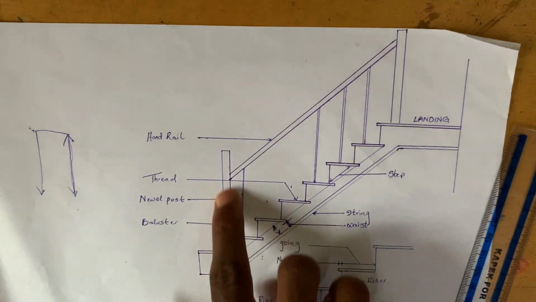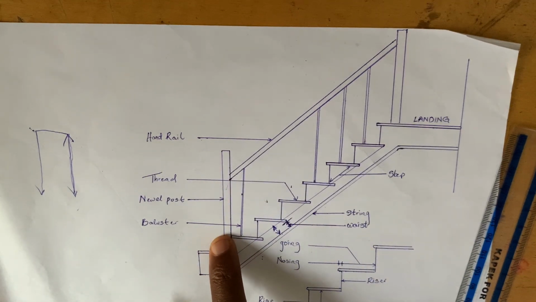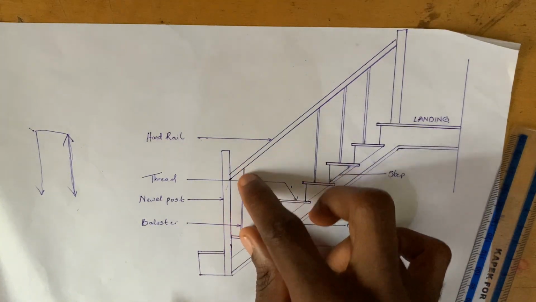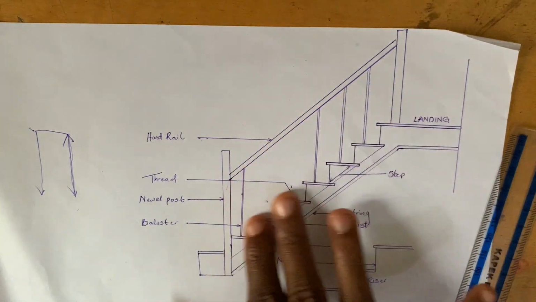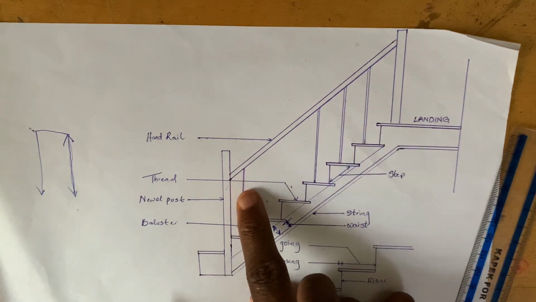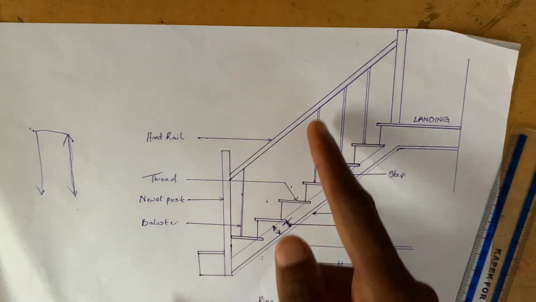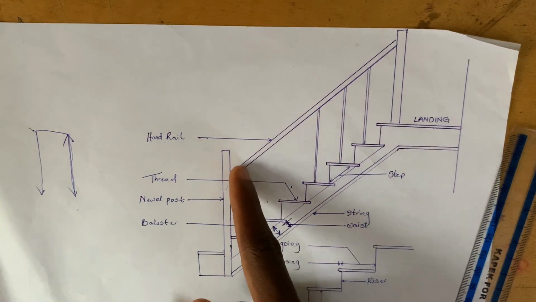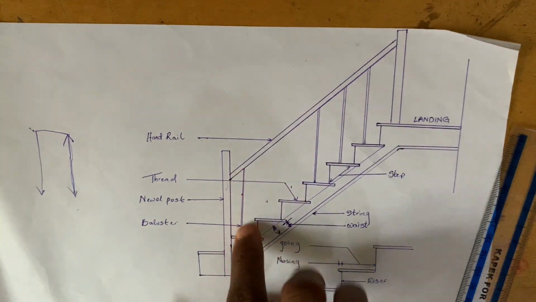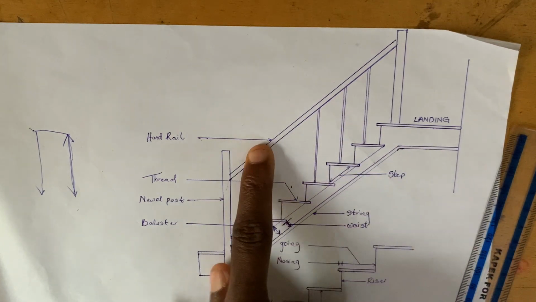That's the first post of the staircase. After the newel posts, the sub posts that give rigidity to this structure are called the balusters. All the little ones are called the balusters. Now after you've gotten the balusters, you will then go to the handrails.